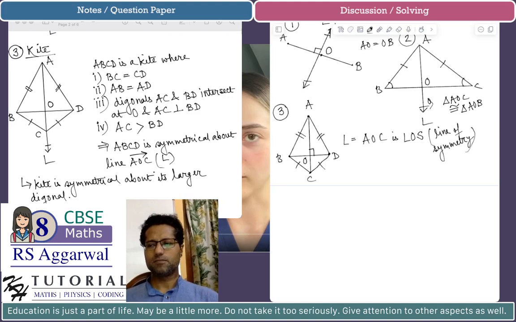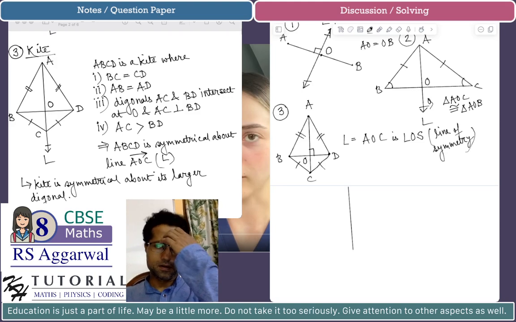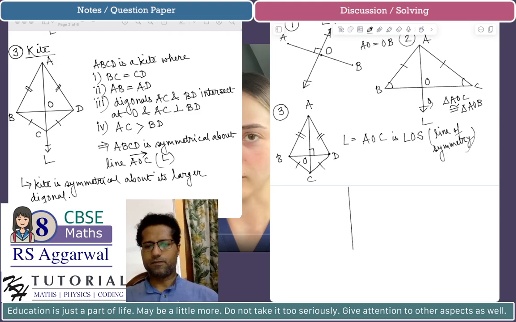In that case, I can have a kite like this. Let's say this is a diagonal, and if this is the midpoint, then I can have this.